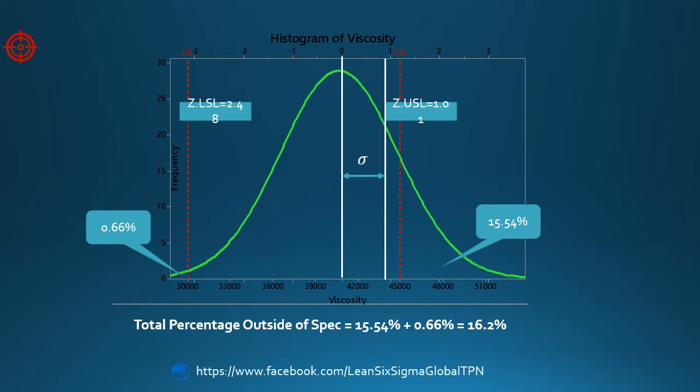Once we know the area that is equal to the total defect, we can calculate the sigma level. We combine the expected percentage of defects out of specification and put them on one side of the mean to calculate the sigma level. The sigma level corresponds to the number of standard deviation values that would fit between the mean and the point where the defects start.